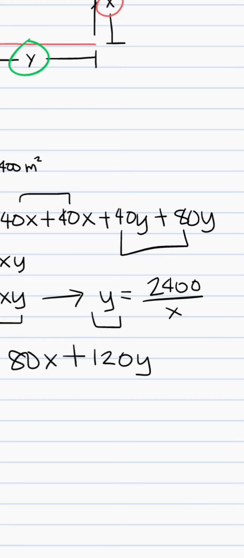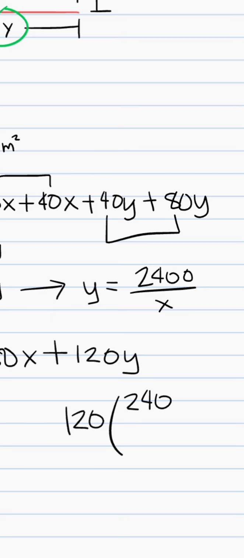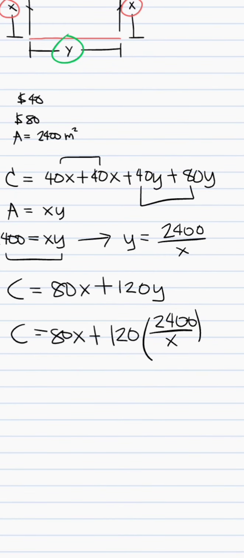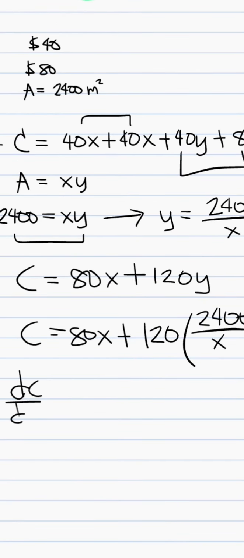Since y is equal to this, we can substitute that there. So that would become 2400 over x, plus this value. And now here's the most important part. Since we want to minimize the cost C, we will differentiate it with respect to x. Let's differentiate it based on the formula we have. You can Google it, or I guess you have the notes already.